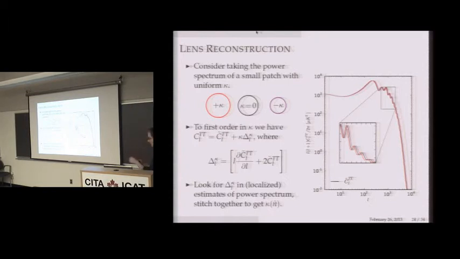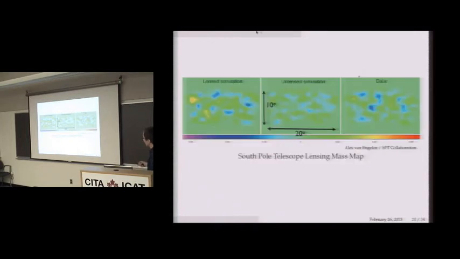And then the shear is exactly the same thing, except now instead of looking for a shift in this x-axis that's the same in any direction at a point on the sky, you're looking for a shift where the axis grows in one direction and shrinks in another direction. So you're taking the difference between the power spectrum in two directions. And you can apply this to a CMB map, and you can reconstruct maps of the lensing potential.